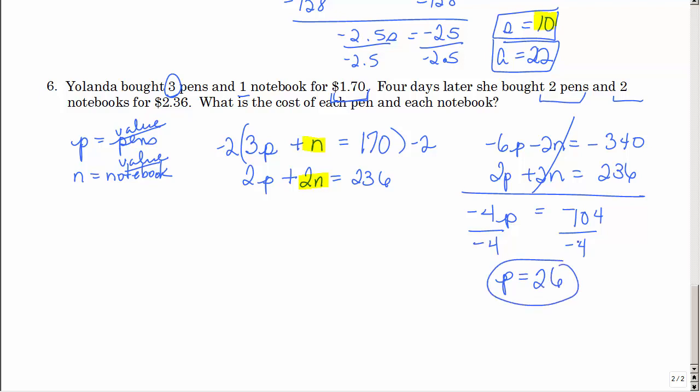So it's not 26 pens, it's that the pens are worth 26 cents each. So I have to know how much the notebooks are worth. So again, pick an equation. I'm just going to go back here. So I have 3 times 26 plus N is 170.